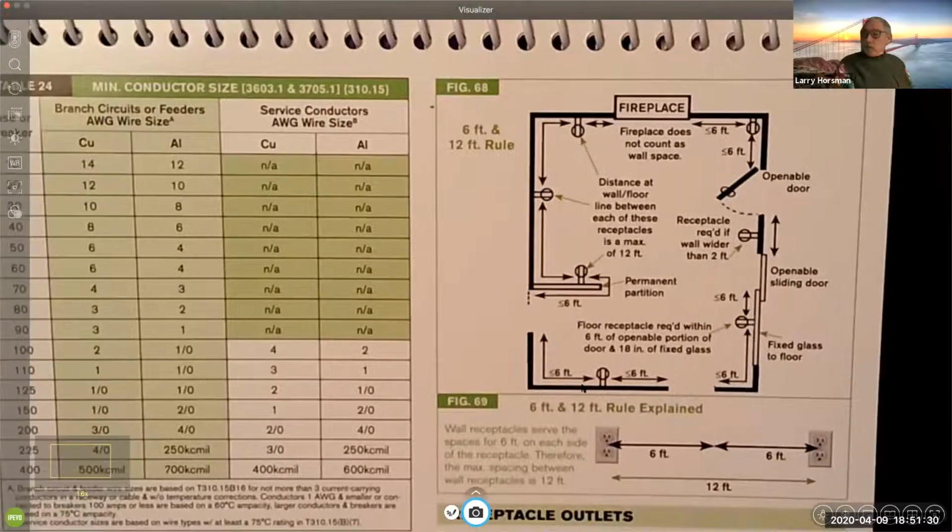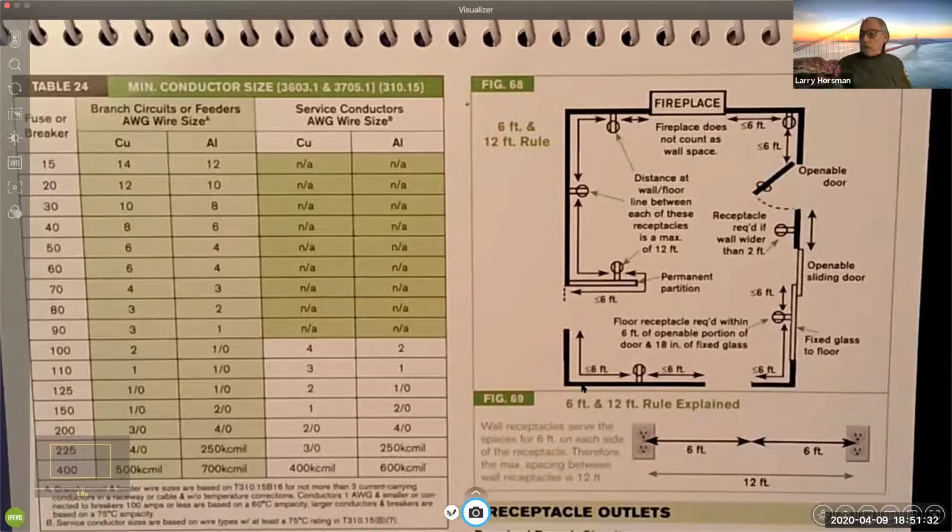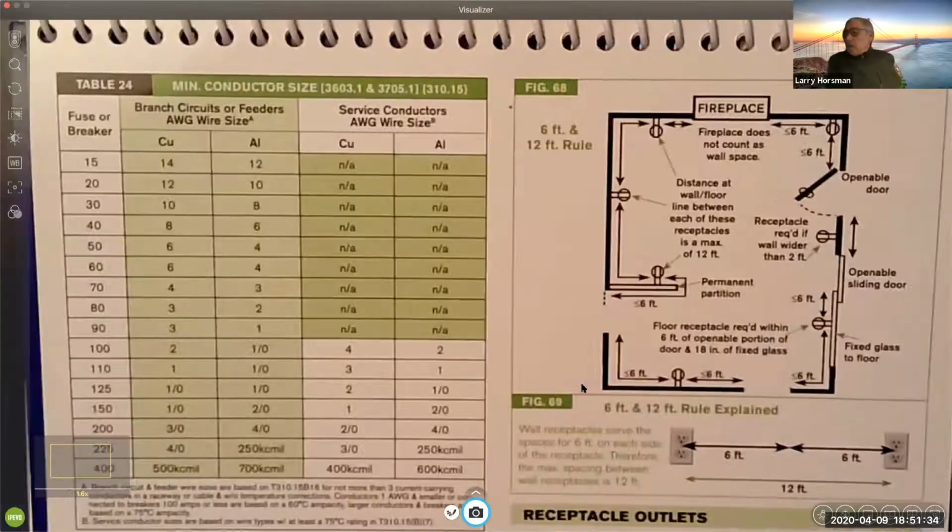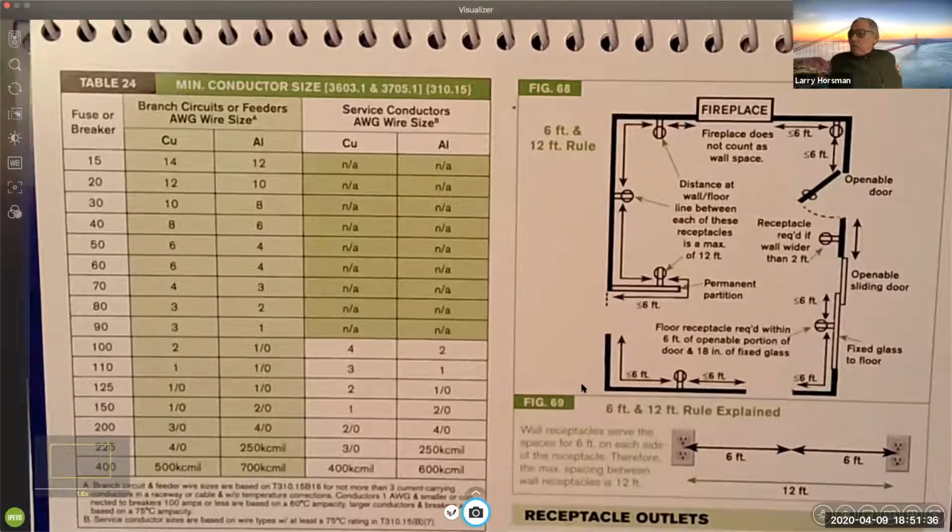You know, this covers, for residential, this is fine, but we came at it with a little more detail and looked at general National Electric Code things that cover both residential and commercial, whereas this is strictly residential.